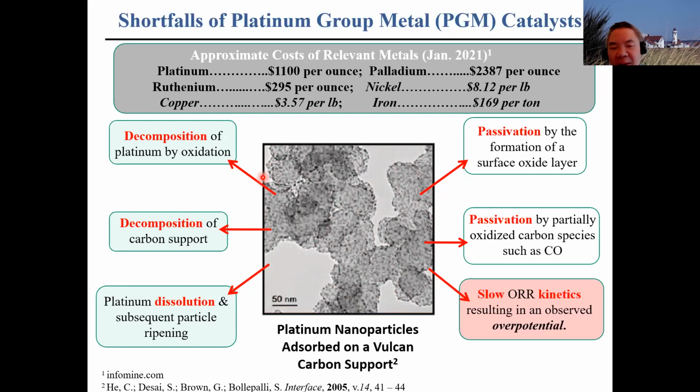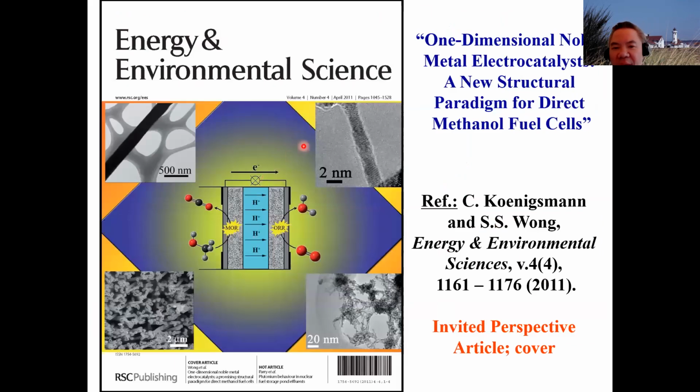Getting back to the materials chemistry part I spoke about much earlier, how do we design materials that give you equal bang for the buck, but are much cheaper, much more environmentally friendly, much more abundant, much less scarce than platinum? One of the things my group looked at, and we published this over 10 years ago, was the idea of nanowires of metals as a new architectural paradigm, a model system for direct methanol fuel cells.